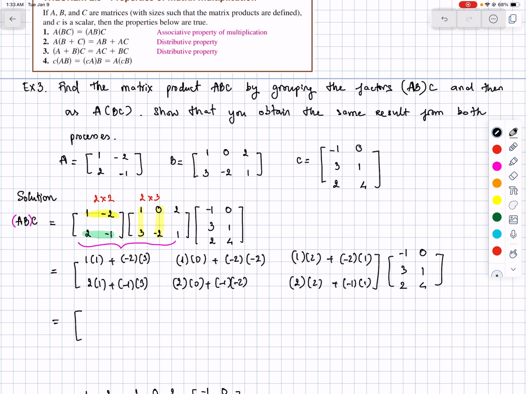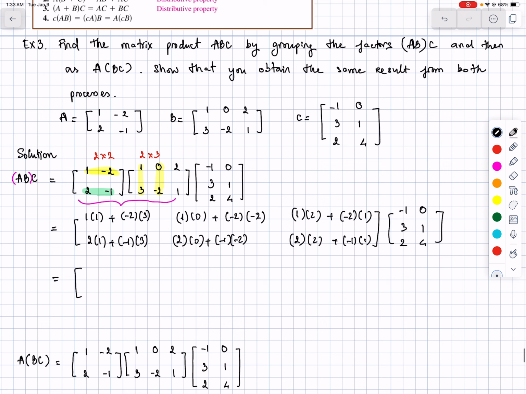And then we simplify the first product. So we got 1 plus negative 6, so it should be negative 5, positive 4, 0 here, and then negative 1, 2, and 3.